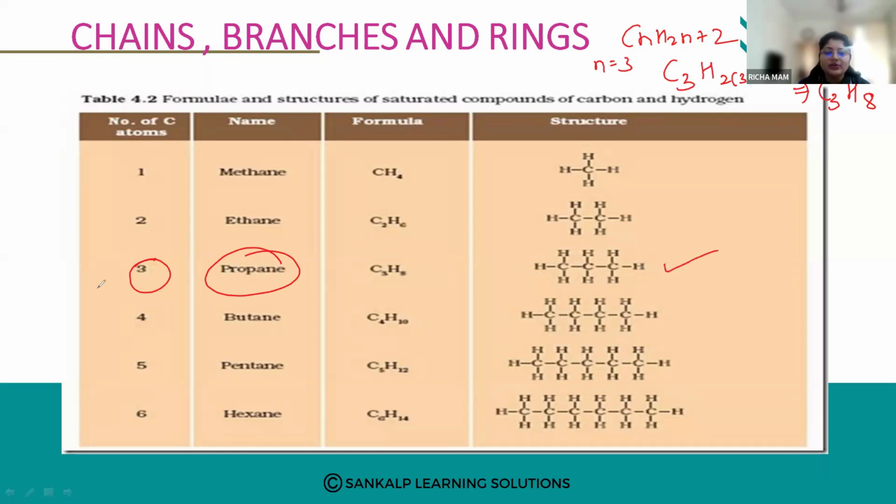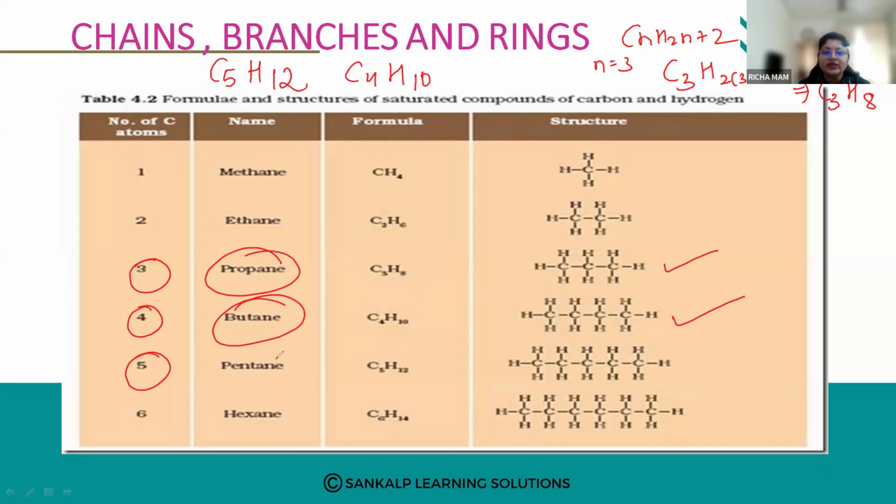When the number of carbon atoms is 4, put n equals 4. What will be the formula? C4H, 2 into 4 is 8 plus 2 is 10. So C4H10 is called butane, and this is the structure of butane. When carbon is 5, put n equals 5, so it will become C5H, 2 fives are 10 plus 2, 12.